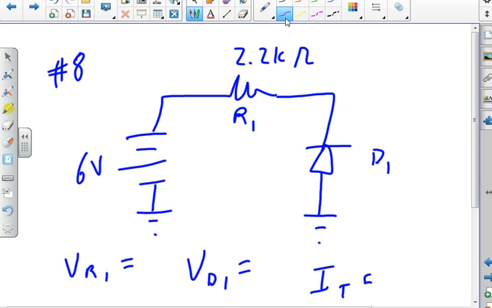No current means total current is 0 amps. So if I have 0 amps going through R1, what's the voltage across R1? V is equal to IR, so if I is 0, it doesn't matter what R was, the voltage across the resistor is 0. What's the voltage across the diode?